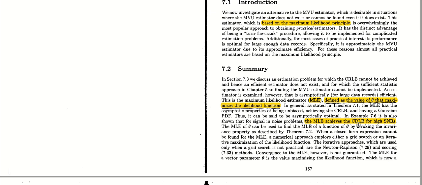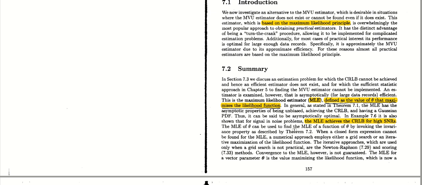Particularly from an engineering perspective, you would like to come up with a good estimator. More than that, you want to come up with an estimator that no one can do better than, right? So you are going to find the estimator that achieves CRLB. Then you can confidently claim that this estimator is the best one.